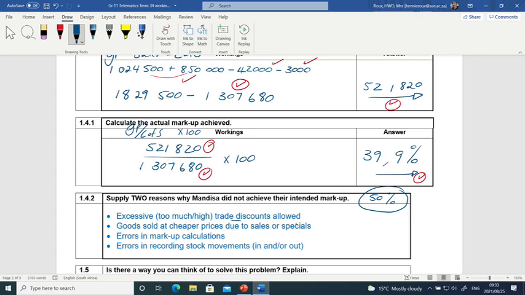We want to get rid of some of our products, or some of our products are slow sellers, therefore we give specials. Buy 2, get a 3rd one free, or get 25% off if you spend more than a certain amount. So obviously then we did not sell everything at cost price plus 50%. And that will cause our markup percentage achieved to be only 39.9%. Can also be that there's errors in the markup calculation or errors in recording our stock movement.